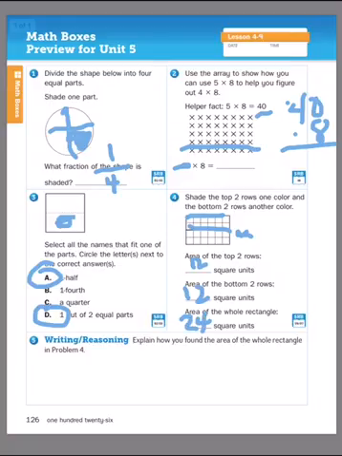Number 5. Explain how you found the area of the whole rectangle in problem 4. Well, boys and girls, you can write any answer that tells the person how you came up with the total square units in problem 4.